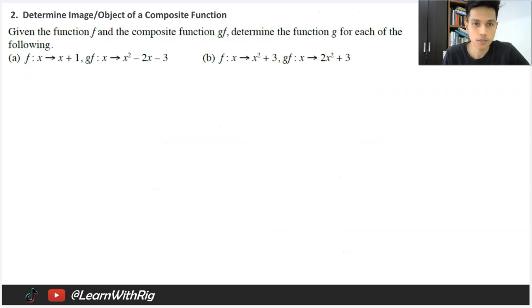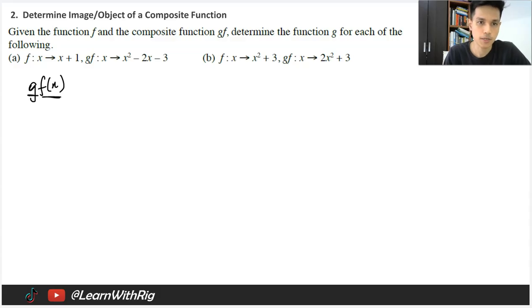Next, given the function f and the composite function gf, determine the function g for each of the following. So this question is similar to the previous question, but this one is a little bit more tricky, right? I want you guys to pay attention to how you're going to solve this. On a previous question, for example, they gave you g(f(x)), they gave you g(x) and they didn't give you f(x).